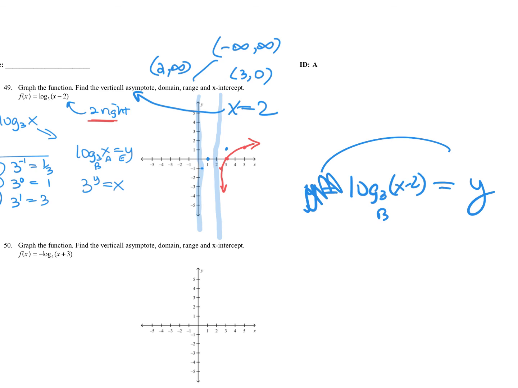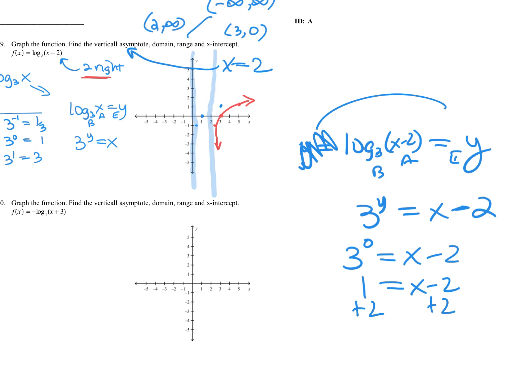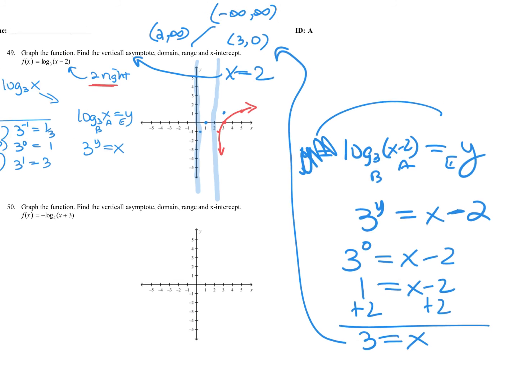So now BAE, so it's 3 to the y equals x minus 2. Remember, when we want to find an intercept, we're going to plug in a 0. And this becomes 1. Add the 2. And you can now see that your x-intercept is the ordered pair 3, 0.